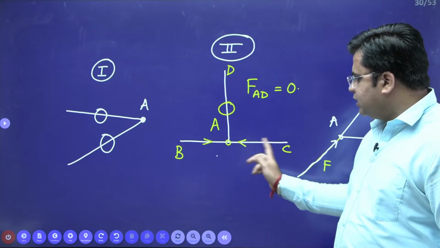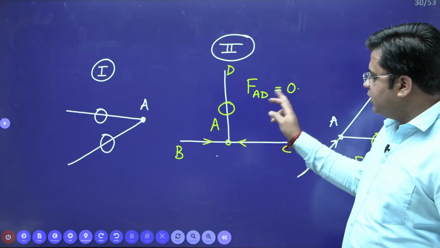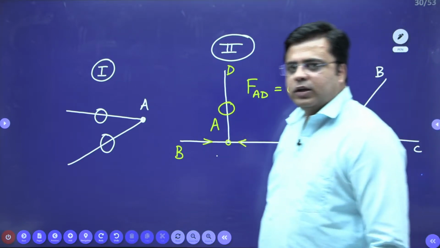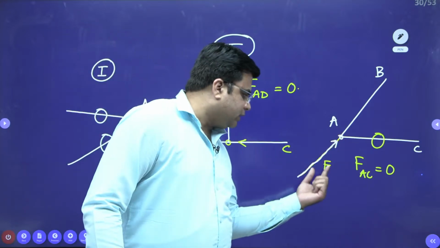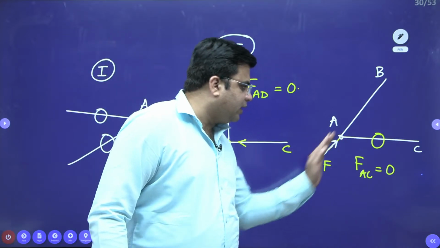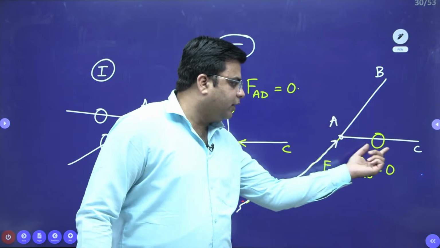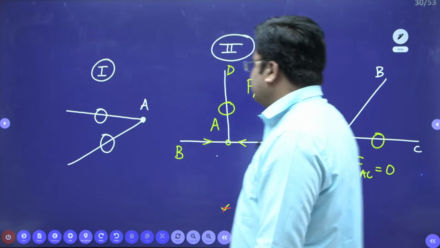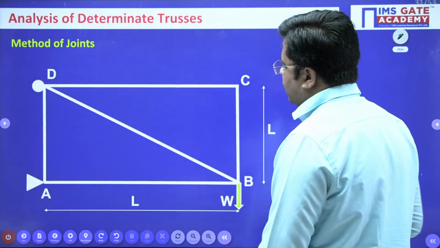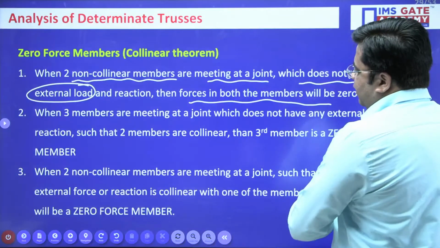If two members are collinear, then force in this third member will be zero force. And third one is whenever two members are meeting at a joint and the external force or the reaction is in line with one of the members, then the force in the third member is again a zero force member. Okay. So these are the three conditions of zero force member that I have written in the form of statements.